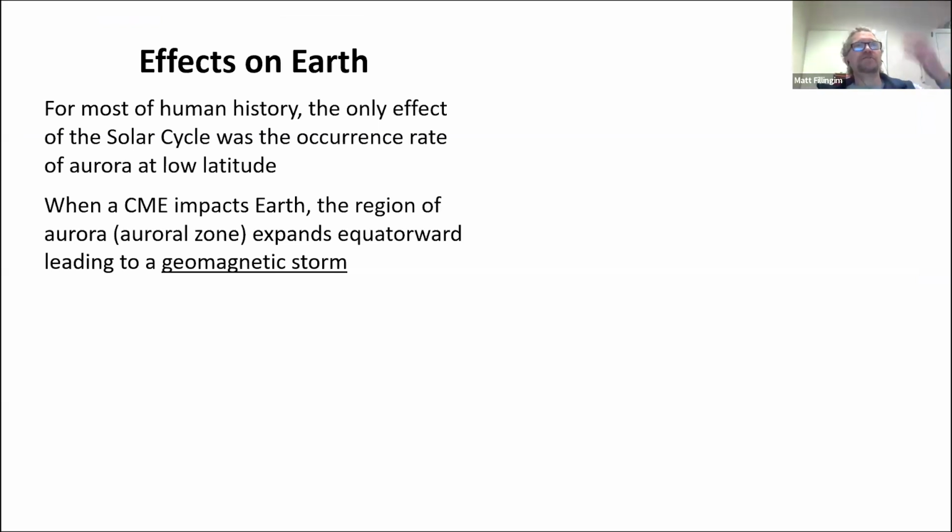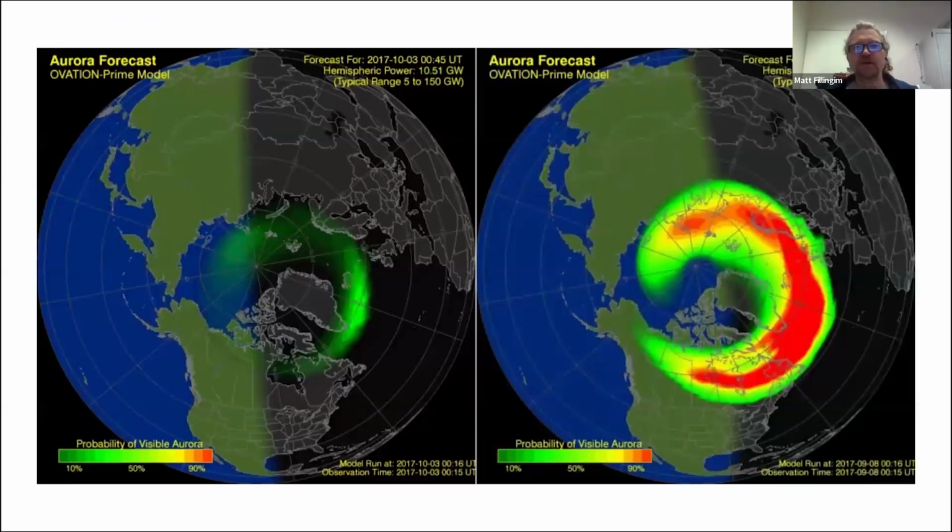So it turns out whenever you have one of these coronal mass ejections hit the Earth, the region where you're likely to see the aurora, which is called the auroral zone, expands equatorward, and we call that a geomagnetic storm. So here are two model pictures.